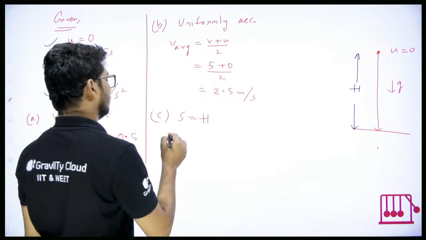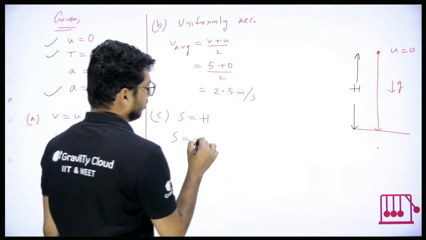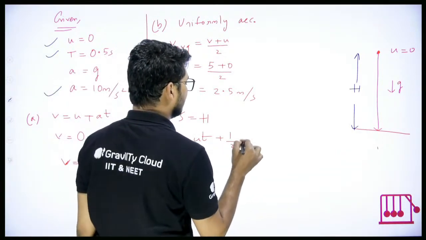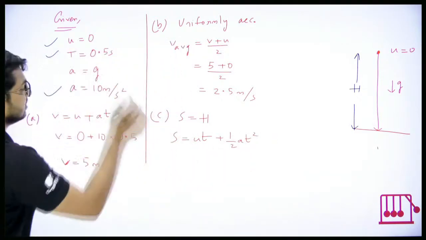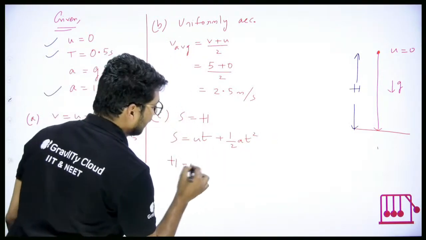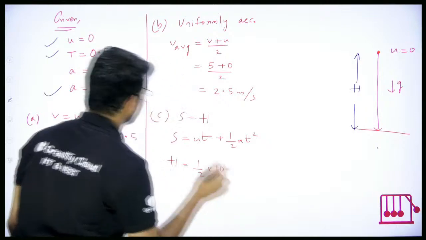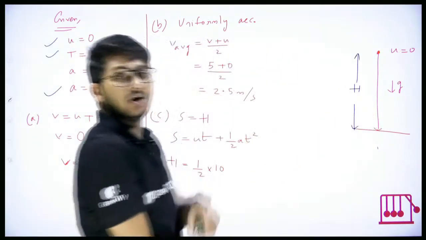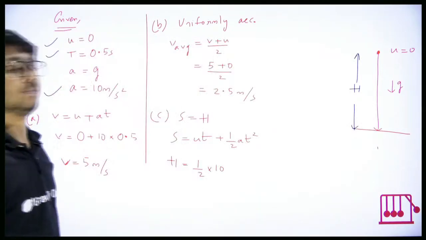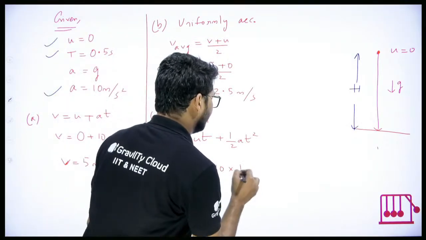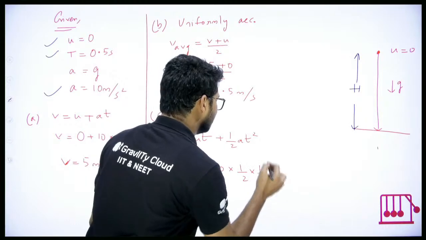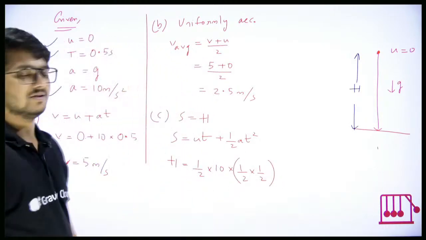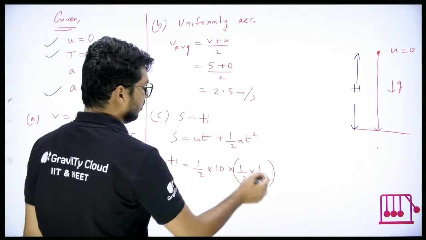We can use any formula. You can go for S is equal to ut plus half at square. It's fine. But u is 0. S is capital H, half into acceleration, which is 10. So when it comes down, what is the time taken? 0.5. 0.5 is half. So half square, it is half into half. So you can clearly see 2 into 2 into 2, 8.